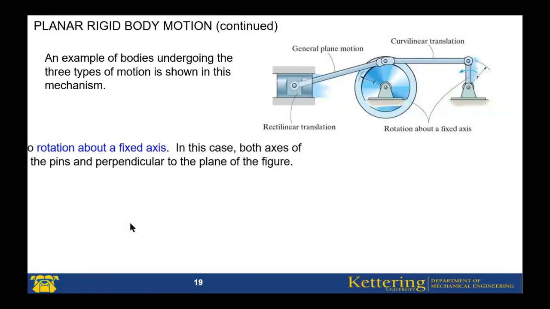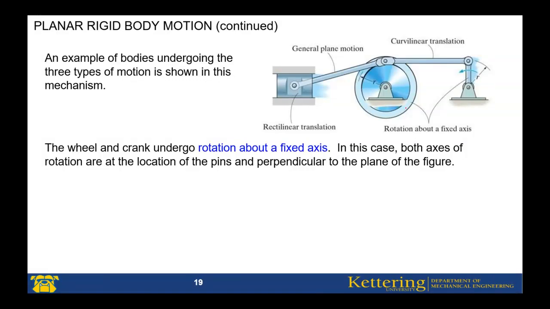Now, first, this wheel and also this crank that I show you with the red color, they both have a rotation. If you disassemble all of this, you will see just these wheels rotate about this pin point, and also this crank is rotating, like this. These are two examples of a rigid body that has a rotation.